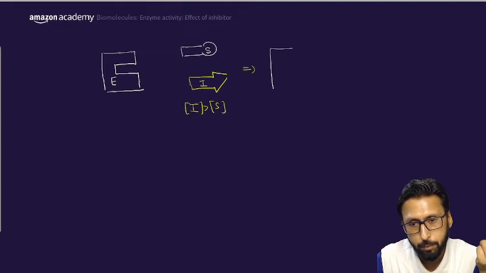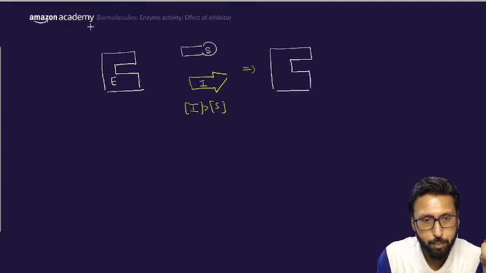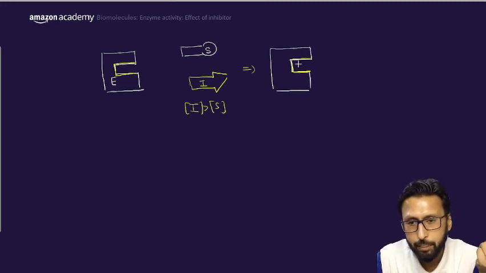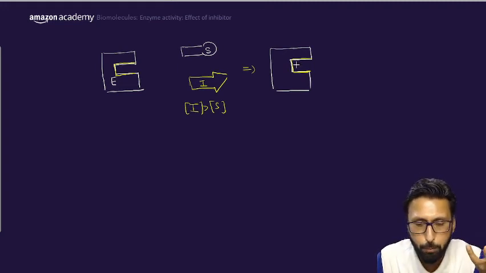So this is the enzyme, this is our active site, like this. In this condition, the substrate is not able to bind because the substrate is less in concentration. So now the inhibitor is going to bind, okay.